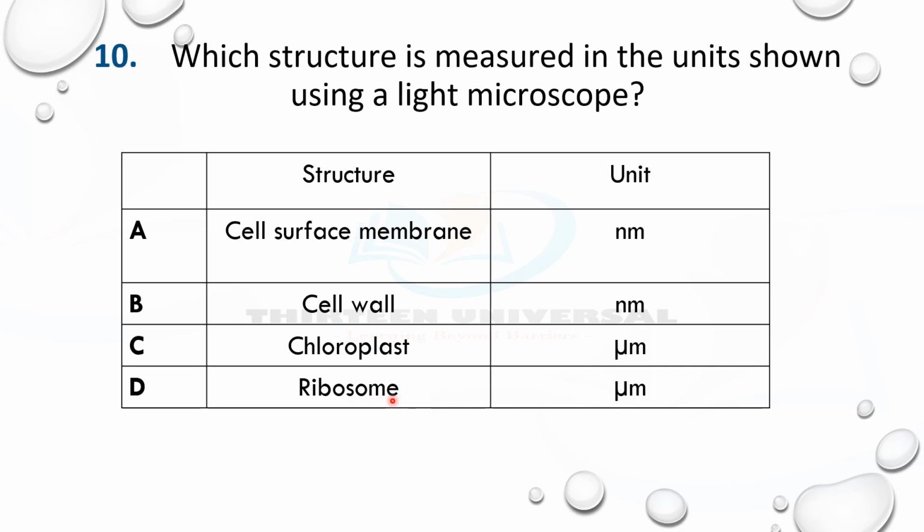So A has been eliminated, B has been eliminated. But chloroplast is a big organelle, and I told you that big organelles and cells are measured using micrometers, while small organelles use nanometers. This is why chloroplast can be seen with a light microscope and is measured in micrometers. So the answer is C.